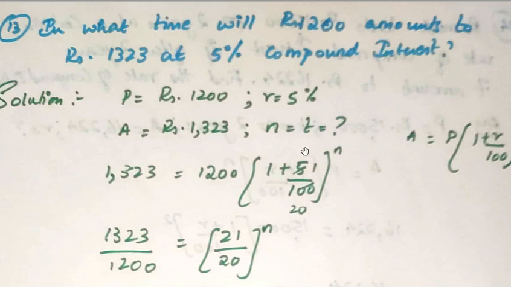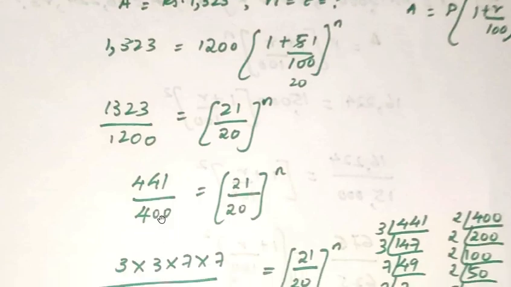You're supposed to find out the time. So you can use the amount formula, amount is equal to principal into 1 plus r divided by 100 to the power of n. If you implement the values, you get 1,323 is equal to 1,200 into 1 plus 5 divided by 100 to the power of n.